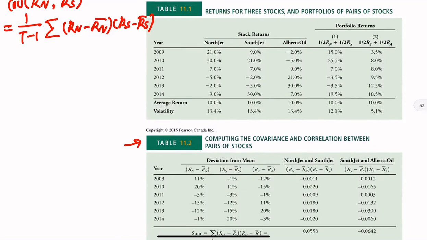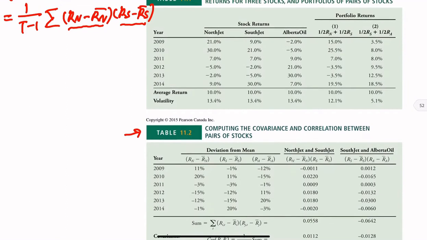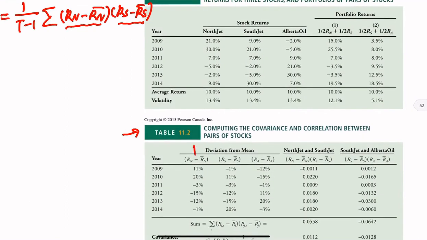What you can see from this formula is, first, you have to calculate these deviations. The table here, this row and this row, gives you the deviations. And after getting these deviations, you multiply this deviation with this deviation. Where do you get these multiplications? It's here.